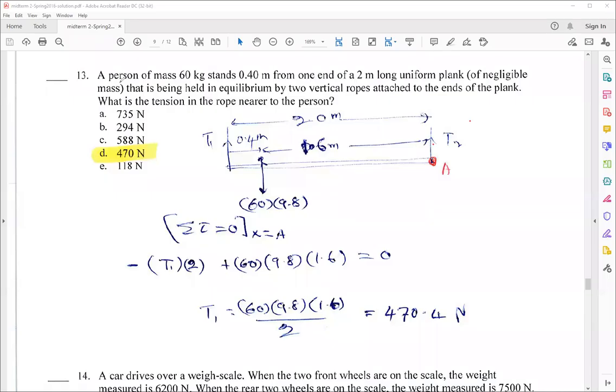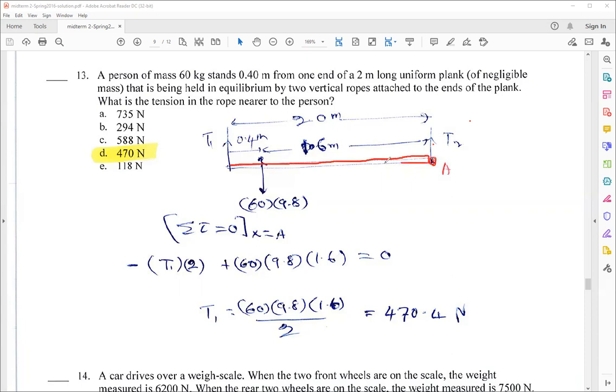Now, question 13. A person of mass 60 kilograms stands 0.4 meters from one end of a 2-meter long uniform plank of negligible mass that is being held in equilibrium by 2 vertical ropes attached to the ends of the plank. What is the tension in the rope nearer the person? We had a very similar question in the lecture. So here, let's say the person is standing here, and this is the plank.